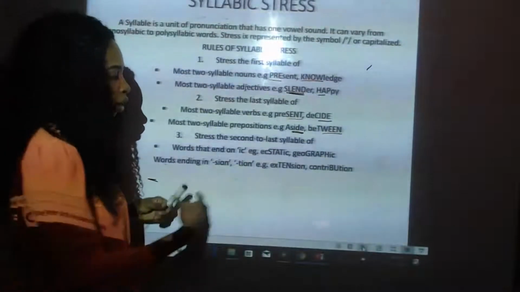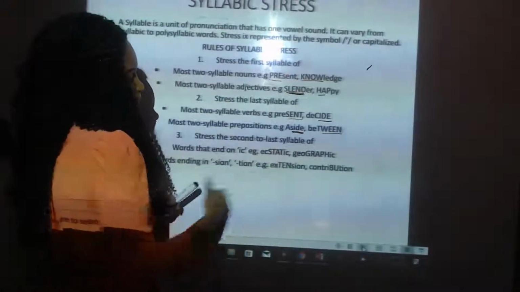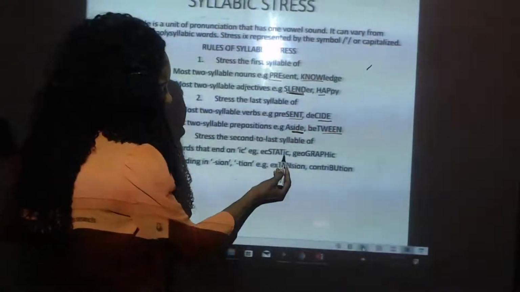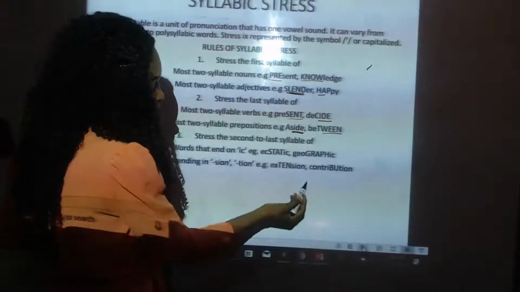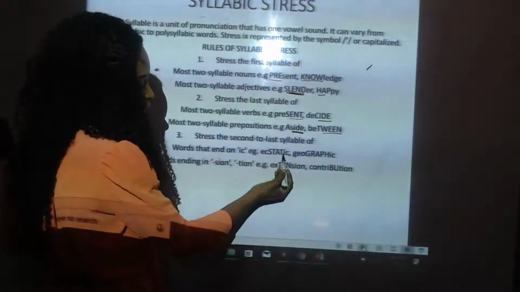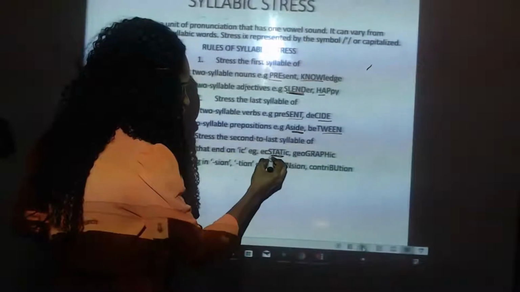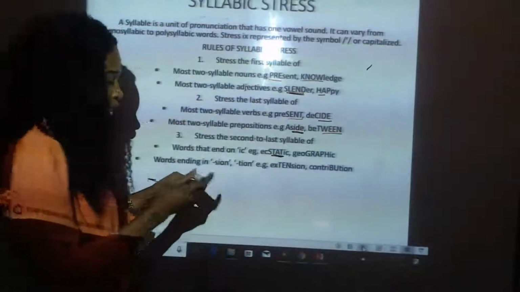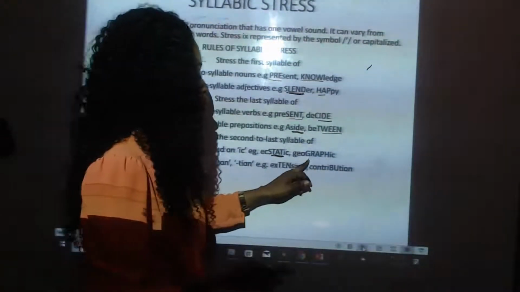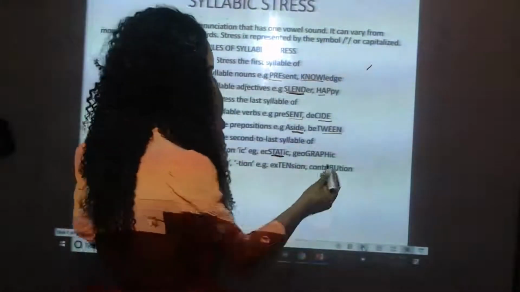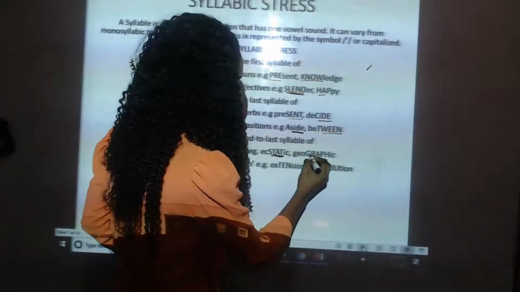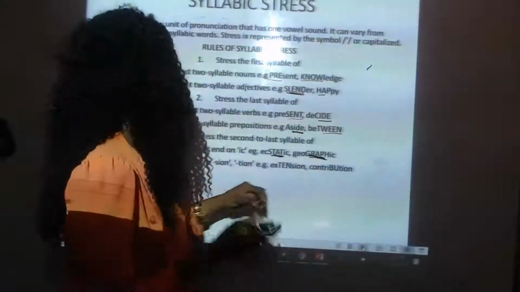For example, here we have ecstatic. You can see that this IC is the last sound segment, and stat here is the second to last, therefore it bears the stress. Geographic: graph here bears the stress.